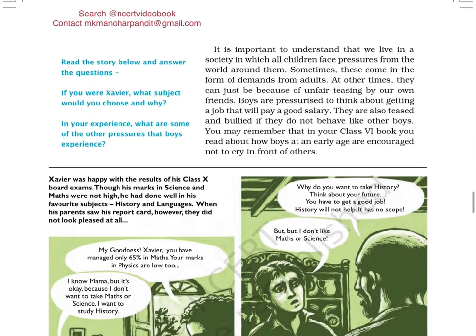Page number 58. It is important to understand that we live in a society in which all children face pressures from the world around them. Sometimes these come in the form of demands from adults. At other times, they can just be because of unfair teasing by our own friends.